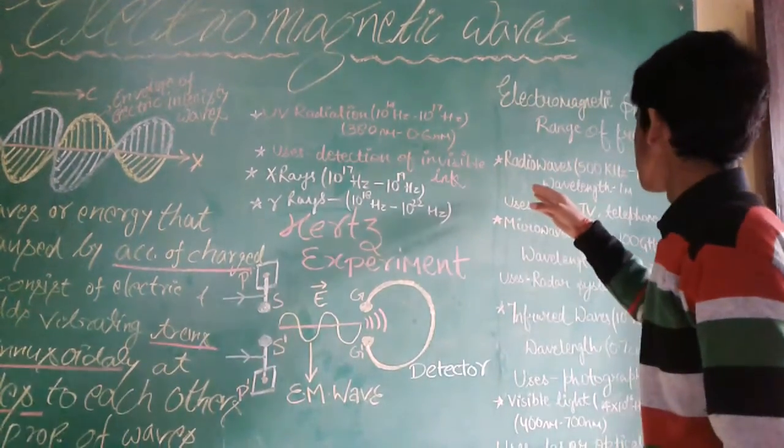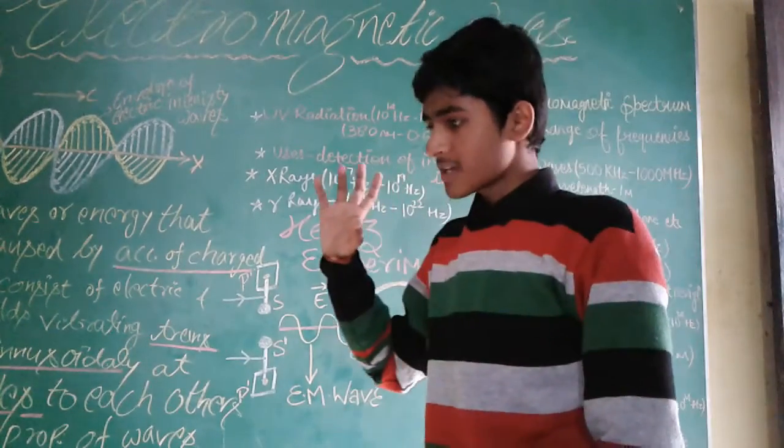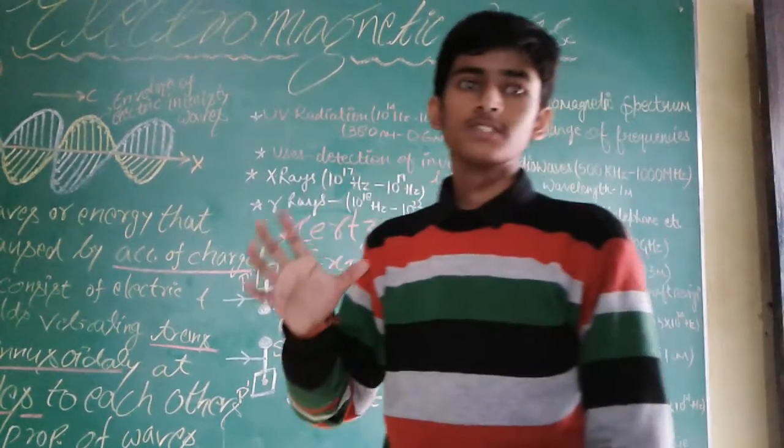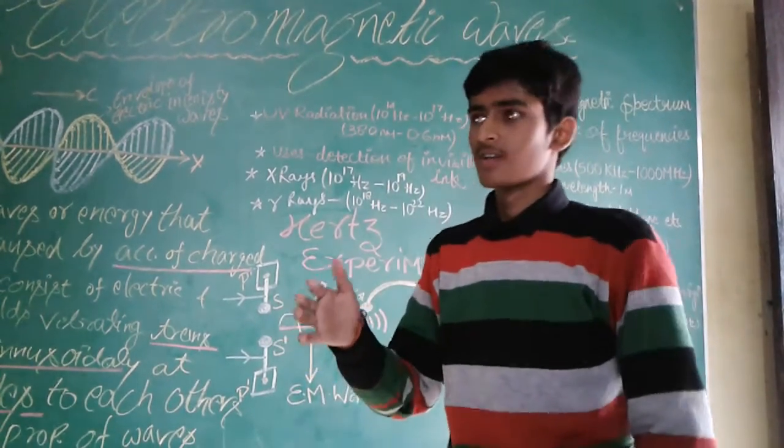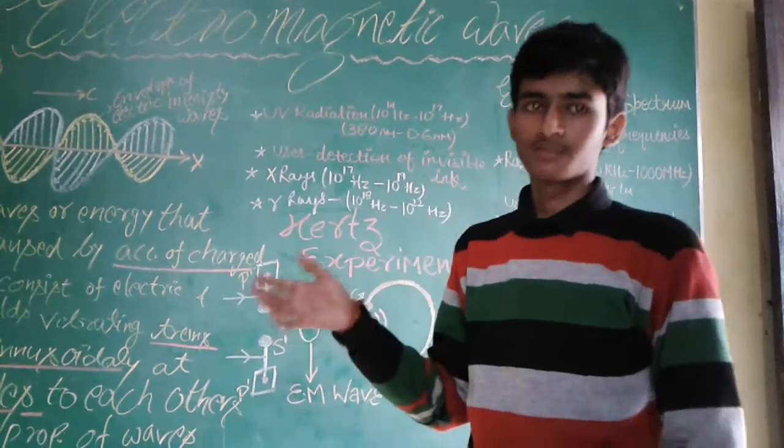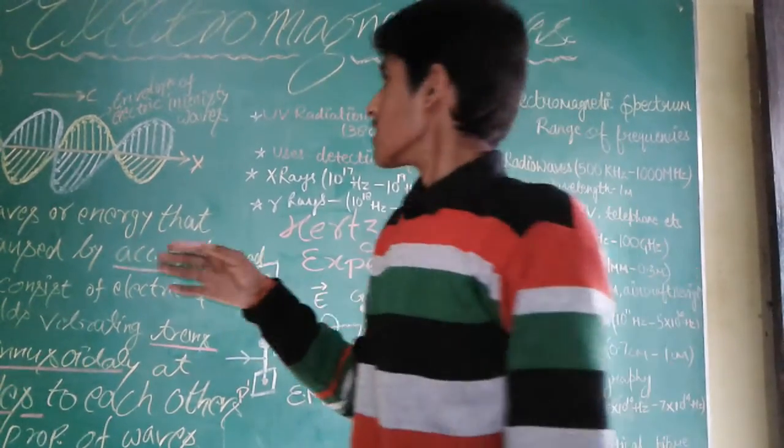These electromagnetic waves differ only in frequencies and wavelength, but their speed is constant, that is, c is equal to 3 into 10 power 8 meter per second in vacuum.